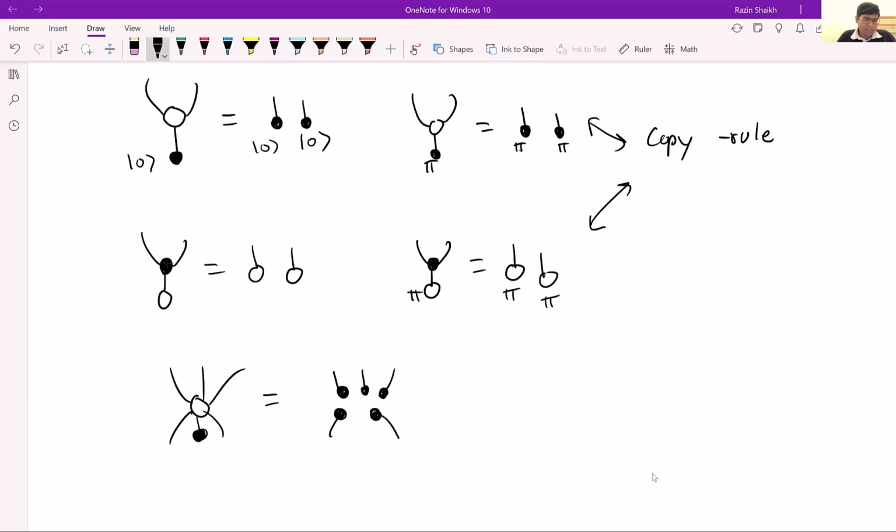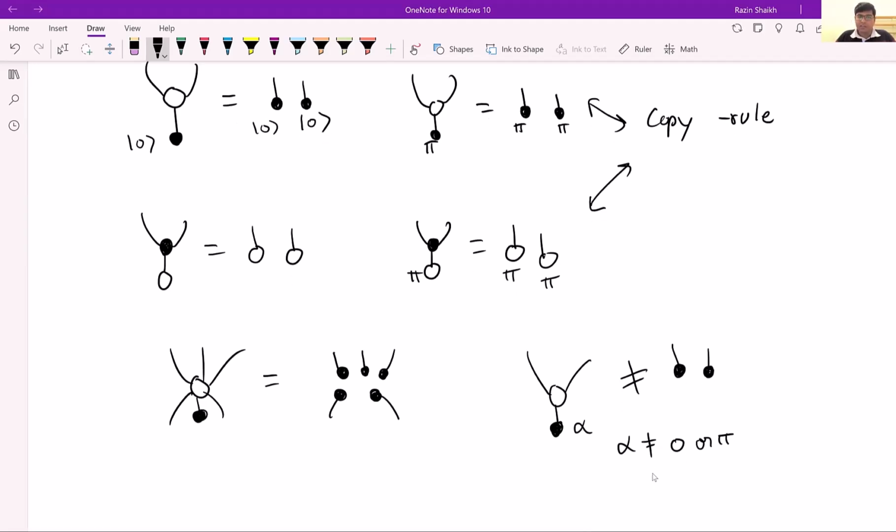You just need to make sure the number of inputs and outputs are preserved, but otherwise it just gets copied. And the same for all 4 I've written here. However, if the labels are different, so if I had a diagram like this, where I have some alpha, where alpha is not equal to 0 or pi, then this is not copied. It's an important thing worth noting here. This copy only works when the angle is 0 or pi.